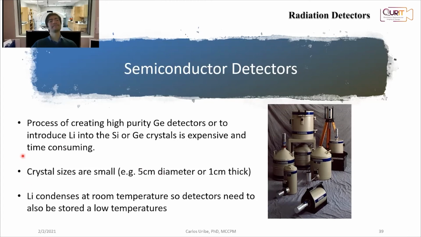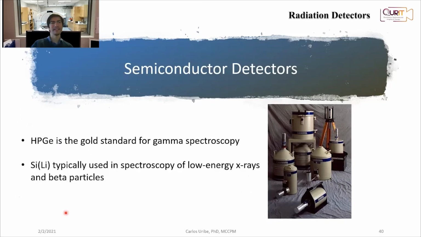And the other thing is lithium, and that's what I was saying about lithium condensing at room temperature. So that's the reason why those germanium doped with lithium detectors need to be stored at very, very low temperatures, because otherwise this lithium just condenses and it will damage your detectors.